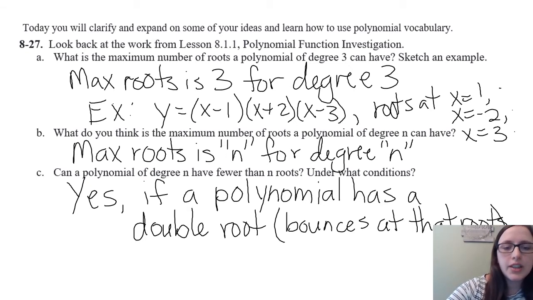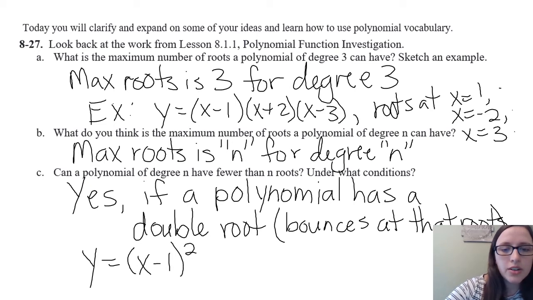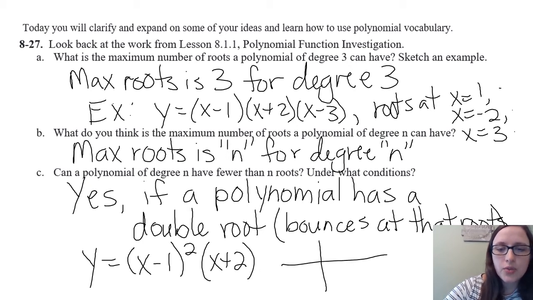All right, so for example, if we had y equals x minus 1 squared, and maybe we have an x plus 2 still, that equation would bounce at 1 and then go through at negative 2. So it looks something maybe like this. So you see it only has 2 roots, but it has a degree of 3.